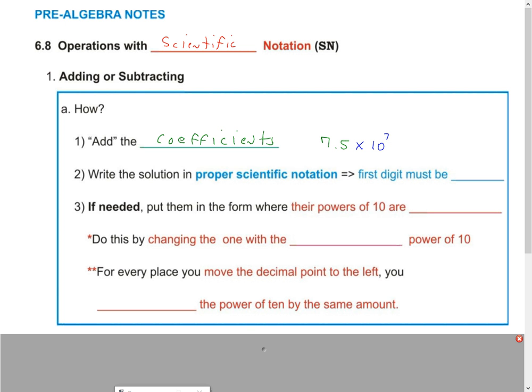Okay? So when you're adding or subtracting numbers in scientific notation, you have to add the coefficients. Write the solution in proper scientific notation, and remember in doing that, the first digit has to be a 1 through 9.